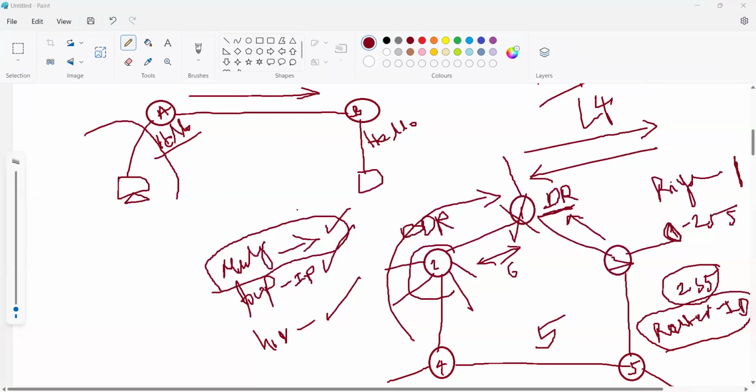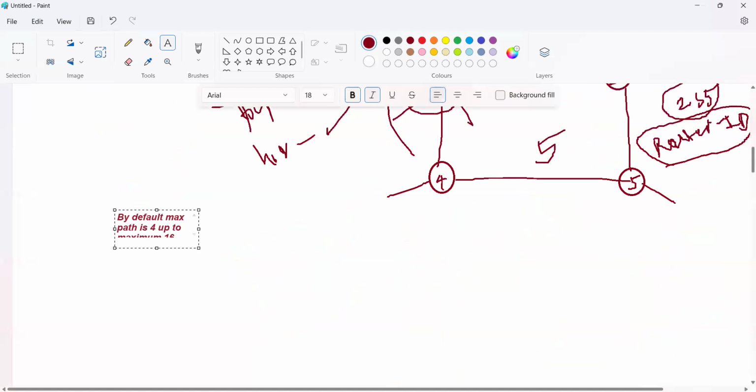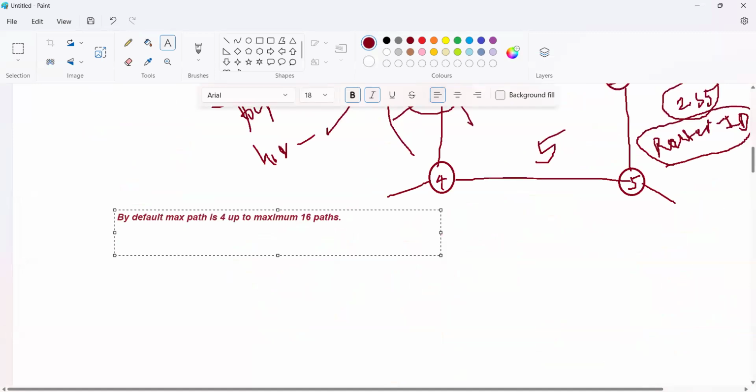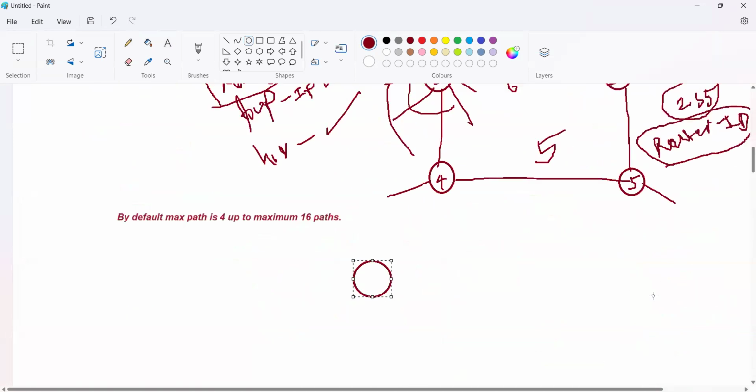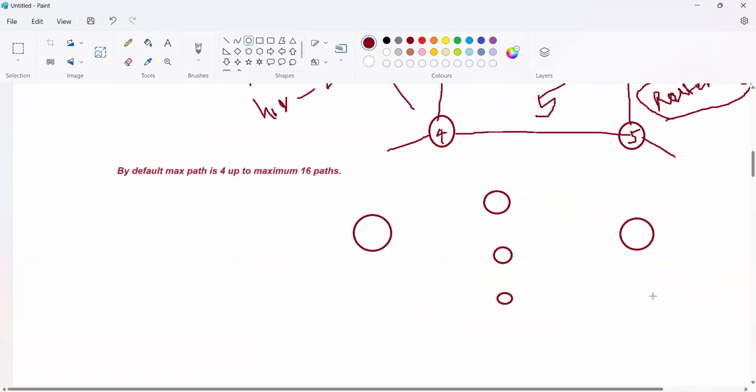So actually, by default, there will be a maximum of 4 paths. Yes, tell me. You said that it will select the highest priority, right? The router with the highest priority will be the designated router.